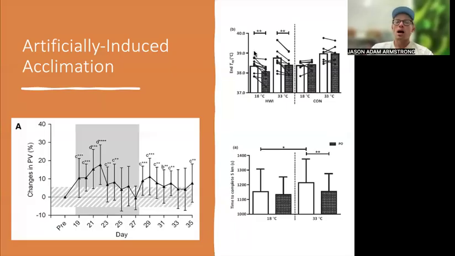I use this upper plot just to show you. The individual lines are what we call a spaghetti plot, meaning they plot individual responses, and the bars plot group responses. Sometimes it's really helpful to see this because we often think, oh, well, that works for everybody. If we look here, this particular individual, and this was skin temperature, actually saw a significant increase in skin temperature, whereas this person saw a significant decrease.